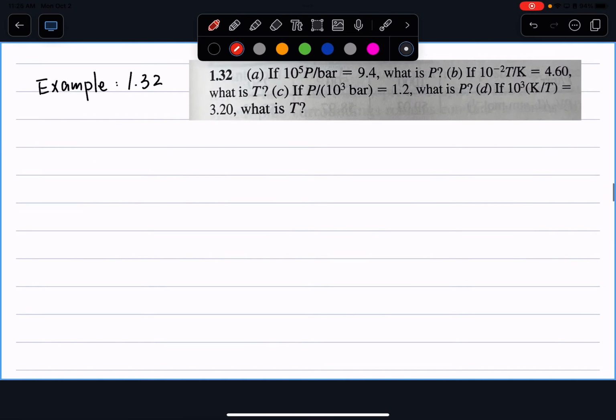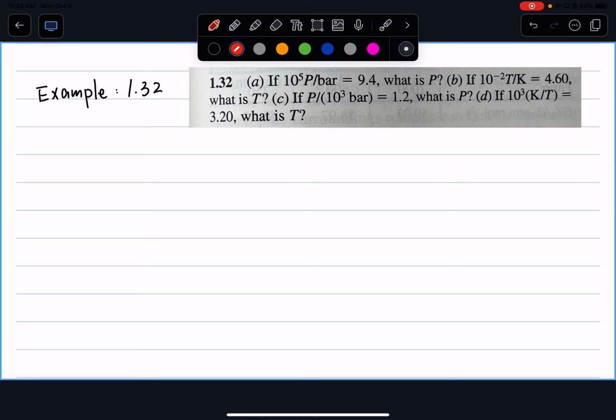Okay. And before we move on, let's do some quick example questions together, because we will be using these techniques by moving terms around and getting an idea about what temperature is, what pressure is, using different kinds of information. So if we look at problem 1, we have 10 to the 5th Pascal, P over bar equals 9.4.